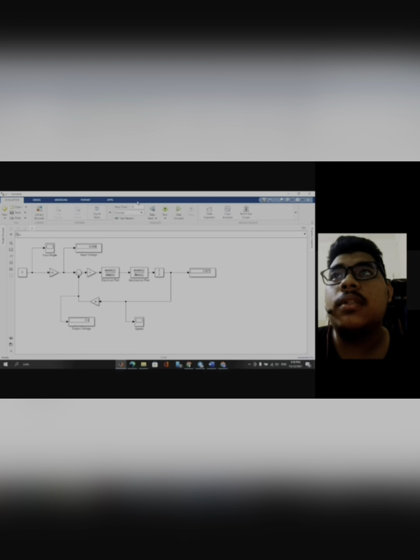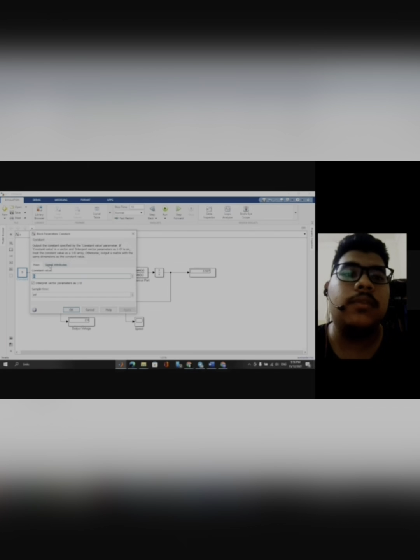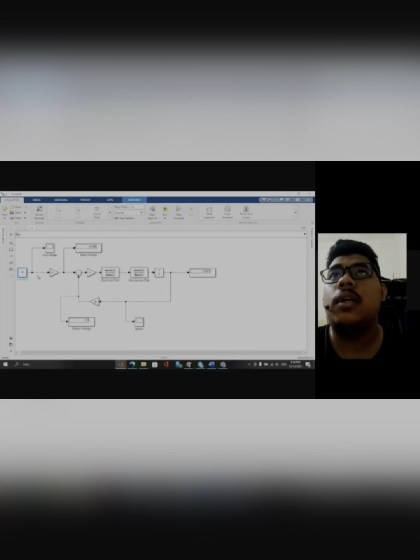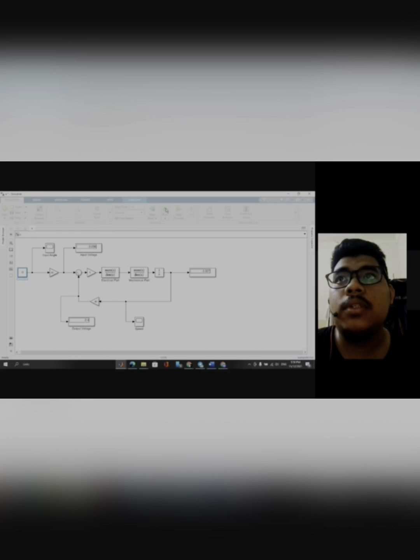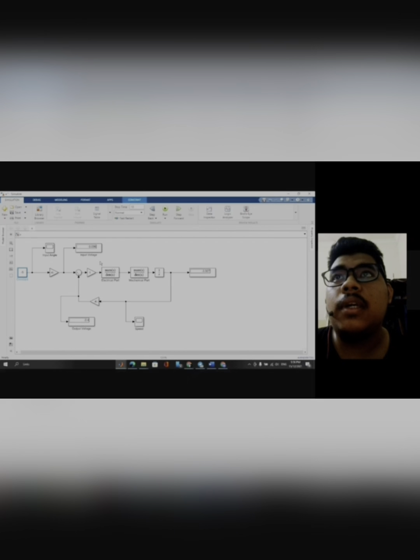Next, we change the value to negative 5 angle because this is anti-clockwise. When anti-clockwise, negative 5, we get the same values but all negative.